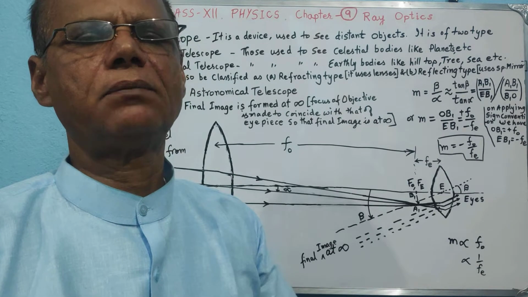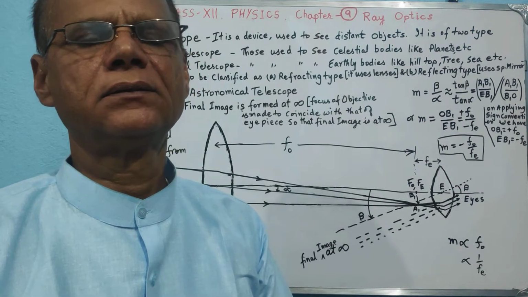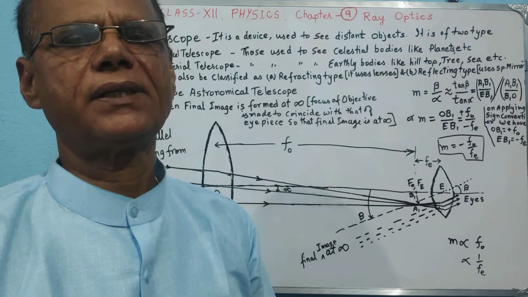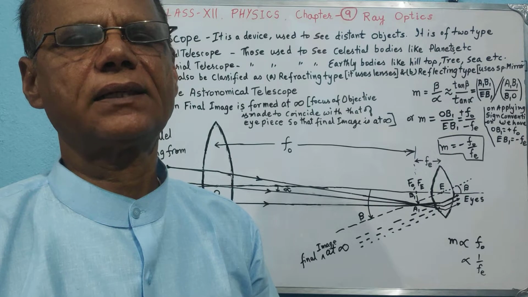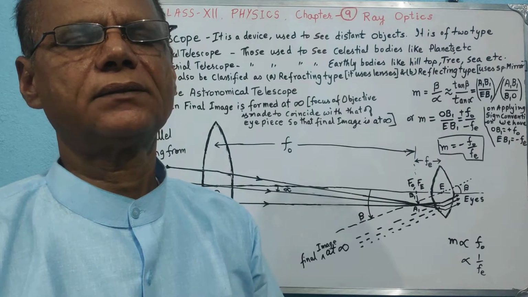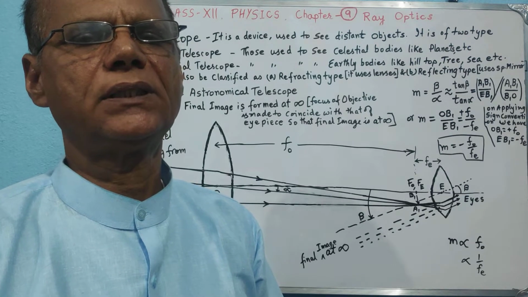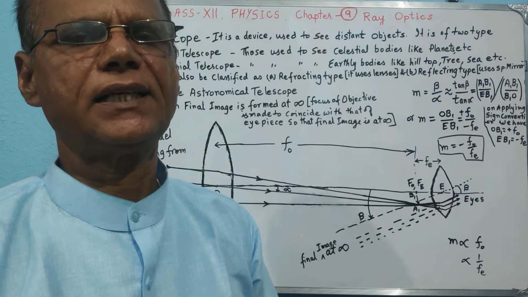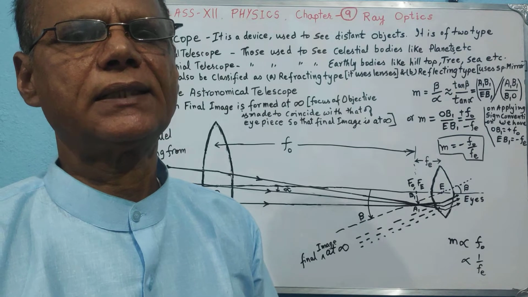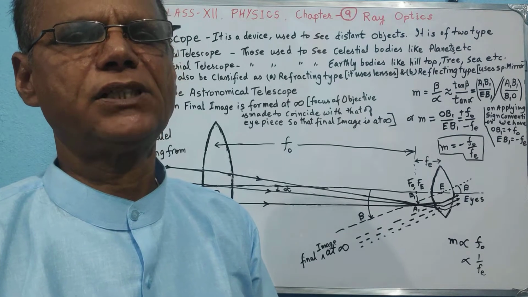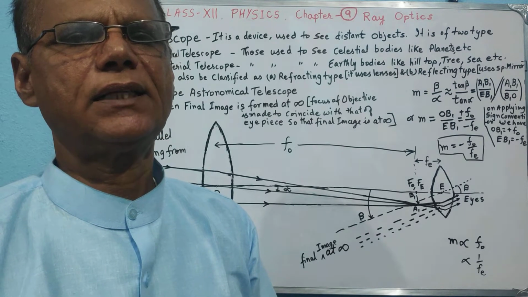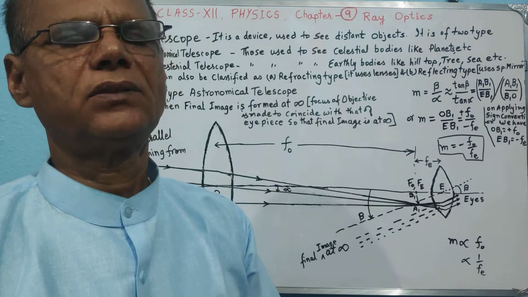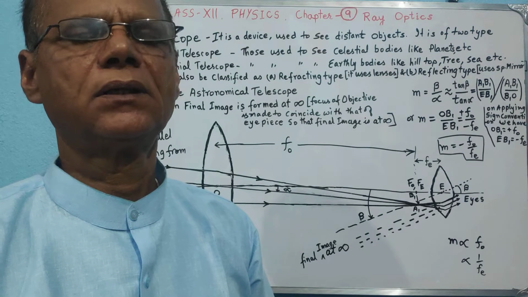Now, telescopes can also be classified in terms of reflecting surface or refracting surface. If a telescope is using lenses, means refraction takes place to collect the rays coming from distant objects, that is known as refracting type telescope, which is very commonly used.